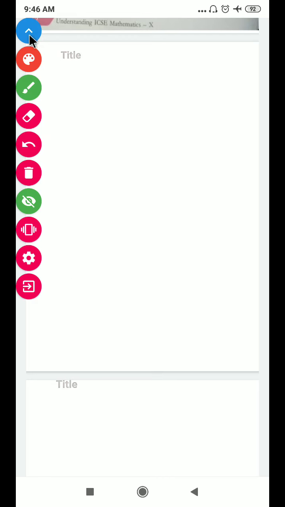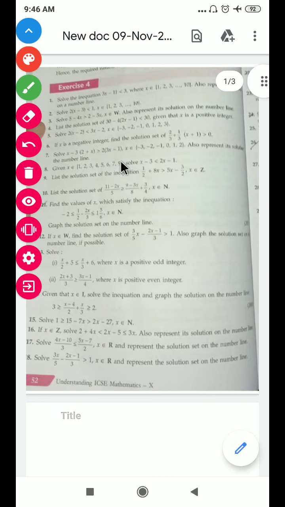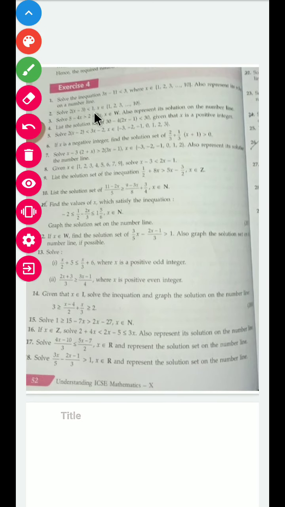Now go to our first problem, question number 2. Look at question number 2. It says solve 2 into x minus 3 less than -1, where x belongs to 1, 2, 3, 4 up to 10.